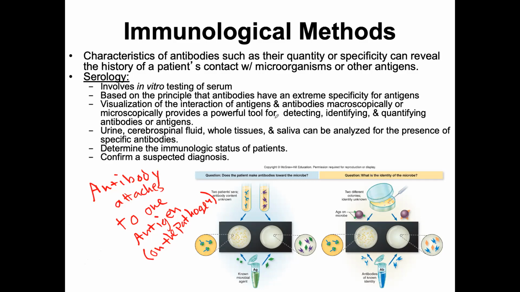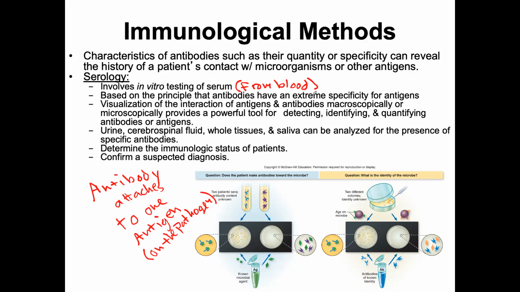You can test serum from blood, right? To see if your bad guy is in the serum, right? Or was at one point in the serum. What'll happen is that you'll look at the interaction of antigen and antibody, and that lets you determine whether that pathogen was ever there.